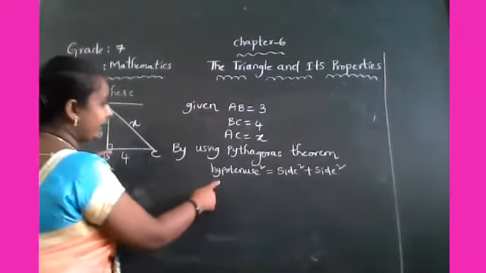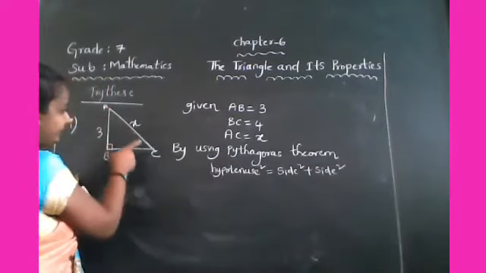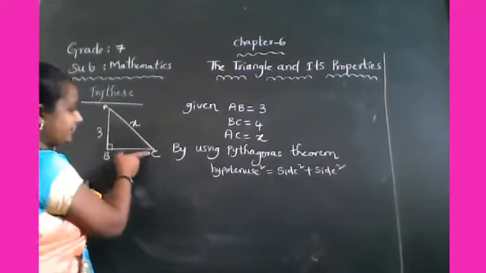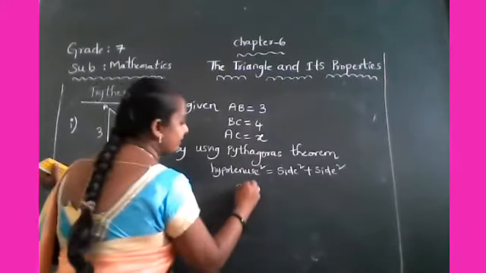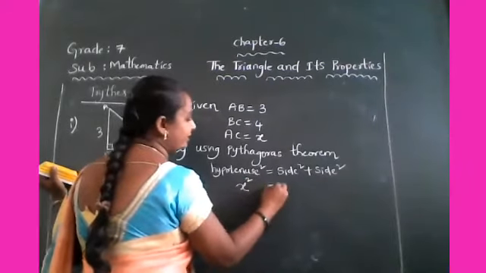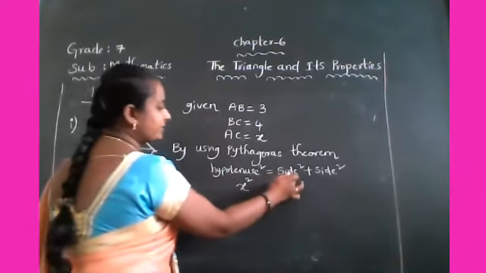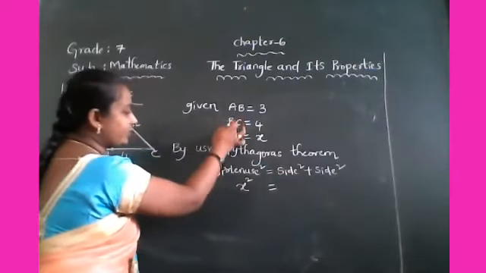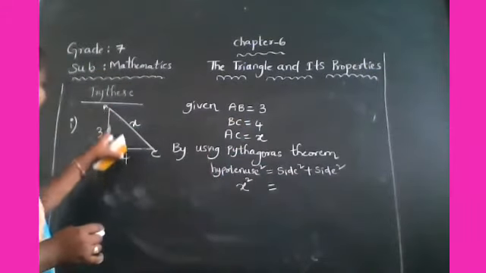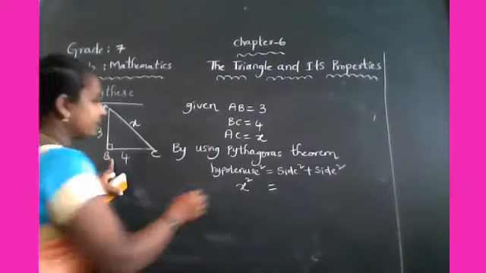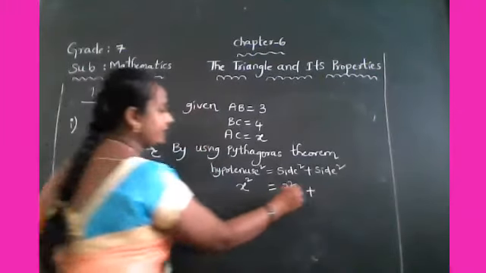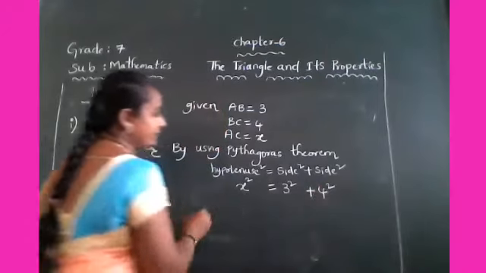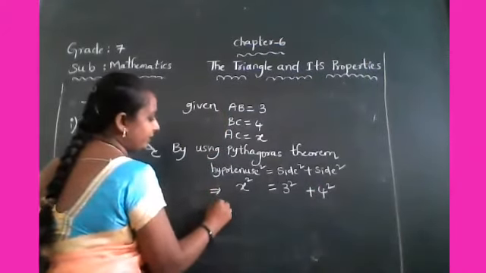Here the hypotenuse, the longest side, is AC. AC, do you know? You don't know. So you can write x square is equal to side square. What is the side here? AB. AB is one side, that is 3 square, and one more side he has given, 4 square. Now find the x value.